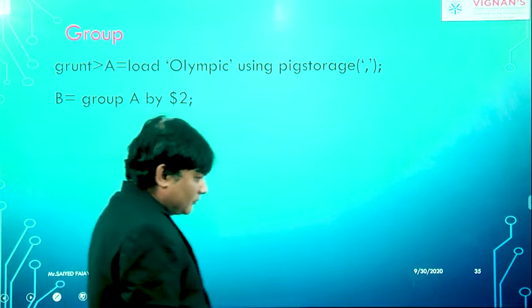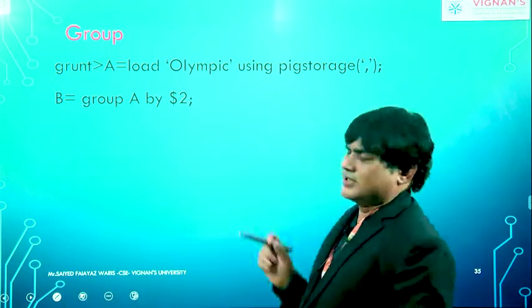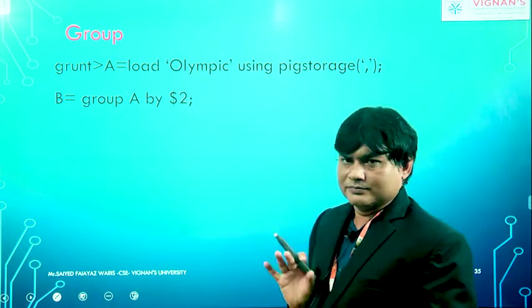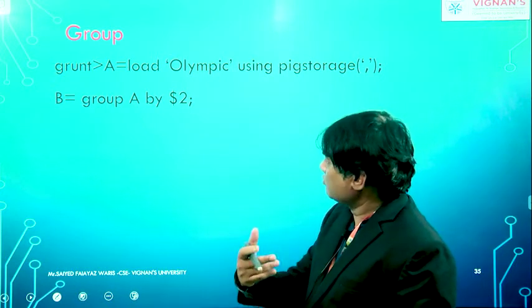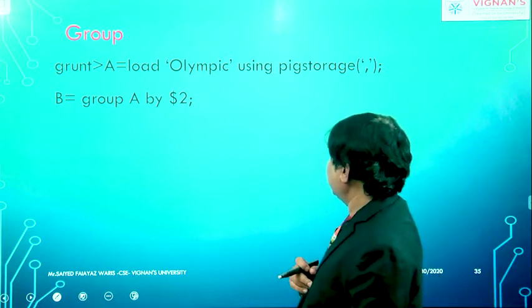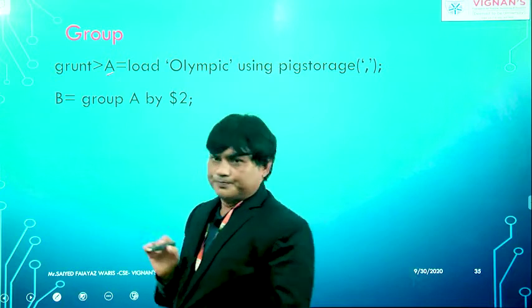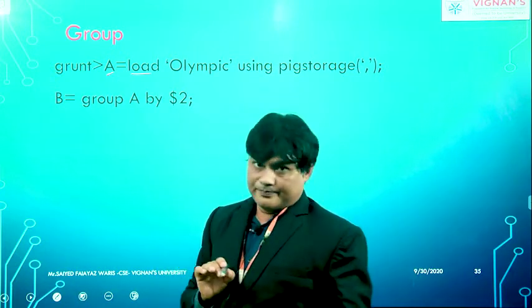See this statement, I wrote somewhat indirectly to give you more explanation about that. Here, I have taken a relation A, and the operator I am using is the load operator.